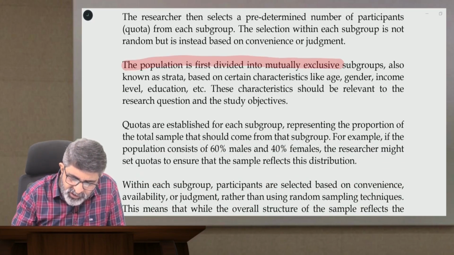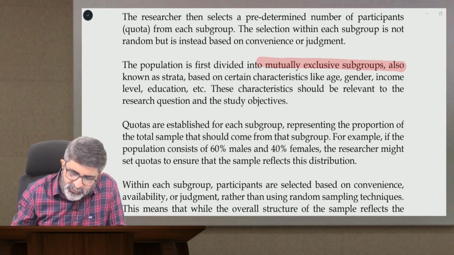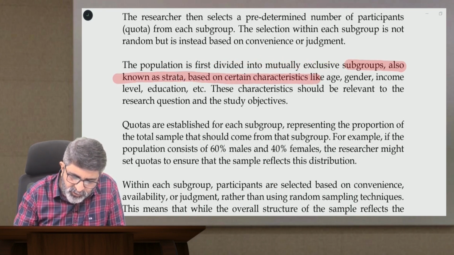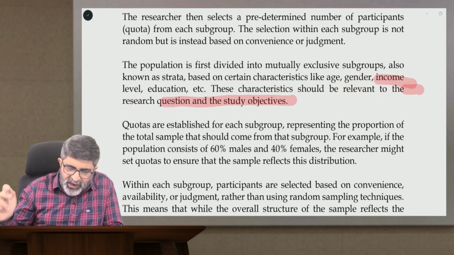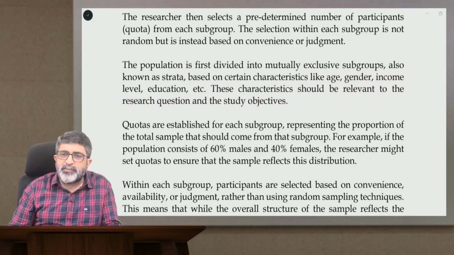The population is first divided into mutually exclusive subgroups, also known as strata, based on certain characteristics like age, gender, income level, education, etc. These characteristics should be relevant to the research question and the study objectives.